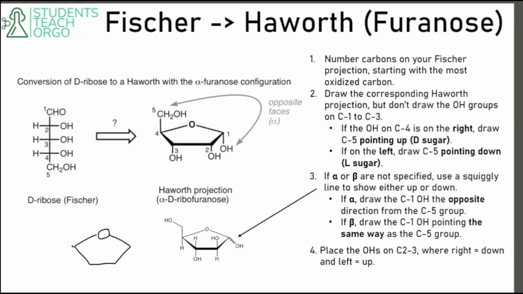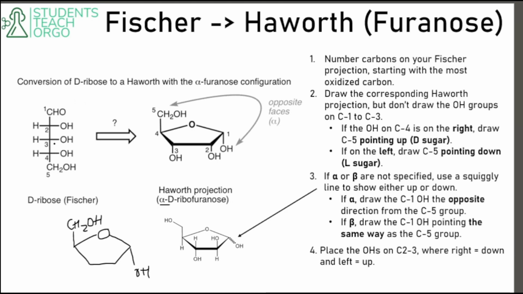I know that this is a D sugar. But even if I didn't, you would look at your Fisher projection, remember, before that last stereocenter, if the OH is on the right, D sugar, we draw it pointing up. So we're going to draw our CH2OH pointing up. We're told alpha in this case, so this OH would have to point down.